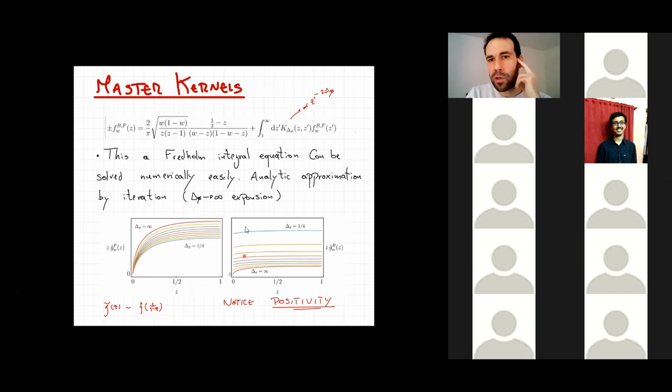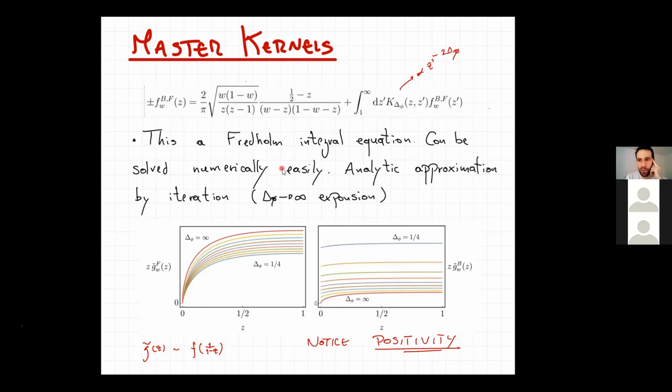The second thing that you can do is that you can iterate this equation. You can start off with an initial solution, then you plug it into the integral, compute the integral, get a new solution, then iterate. So you can also solve it numerically like this, and it also converges fast.